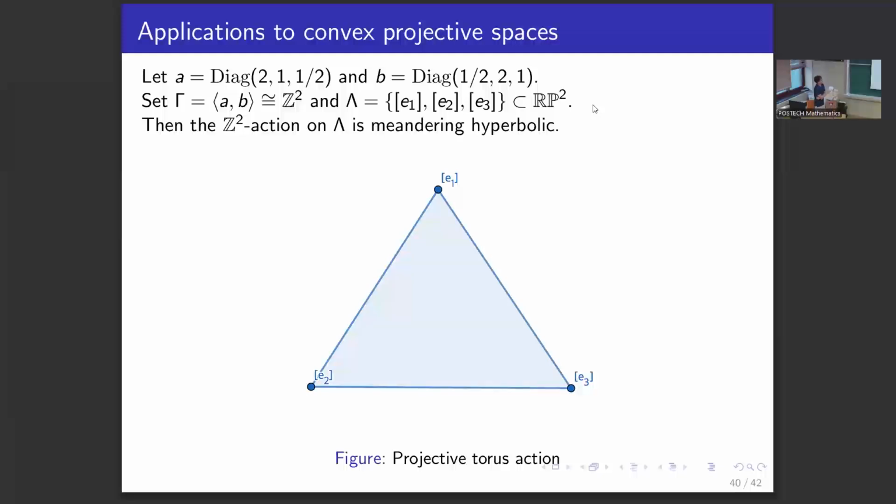And this is another application. The convex projective space. This is the projective torus. If you define A and B like this, then it stabilizes this triangle, and so this group acts on the torus. It turns out that this action is mindering hyperbolic. So the convex projective manifold is also one of the good examples in studying the Kähler group space.